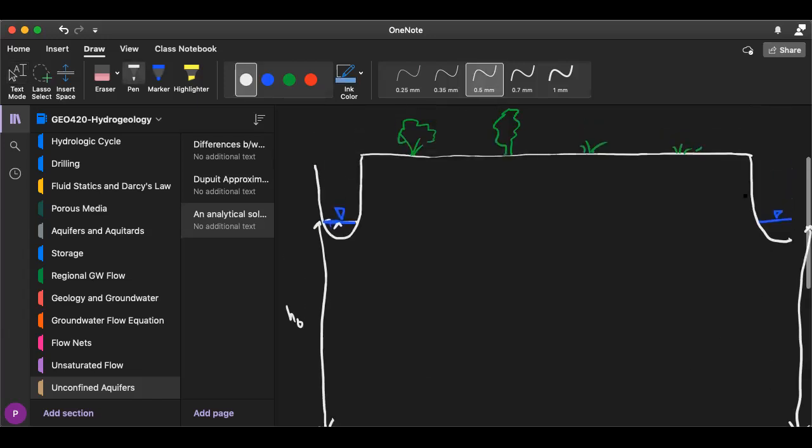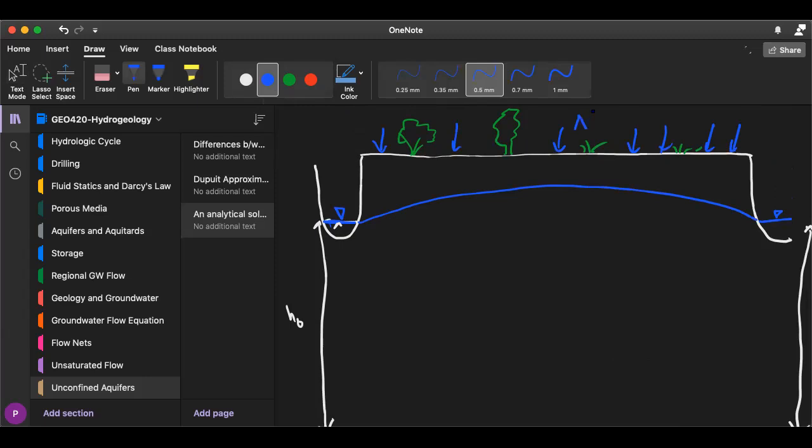All right, so at our site in Riverton, we've got this water table that stretches between these two rivers. And we have rain and infiltration and recharge across the mesa. So this is my infiltration rate, N, and it's constant across this mesa.